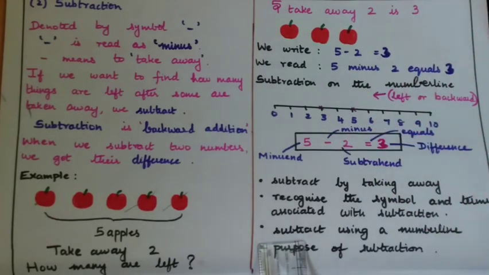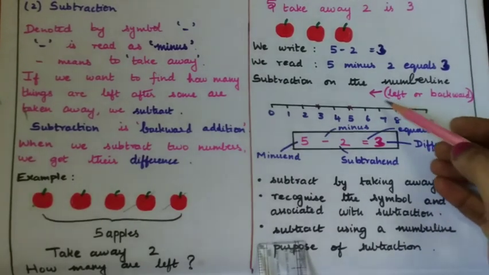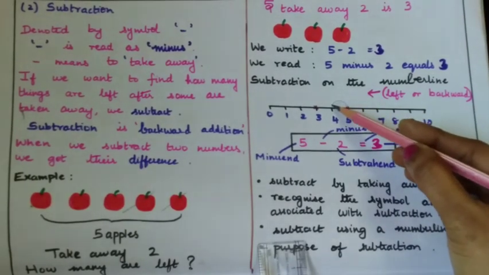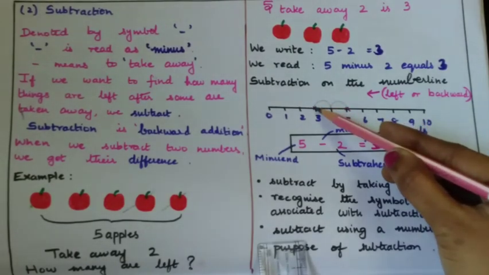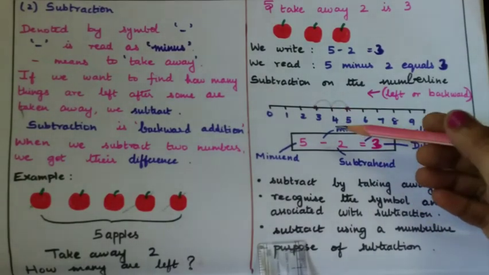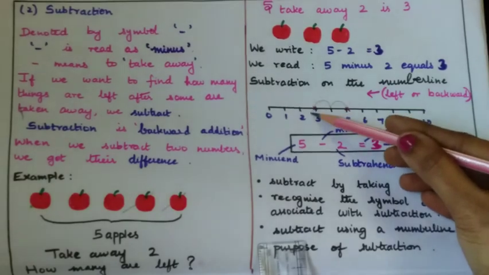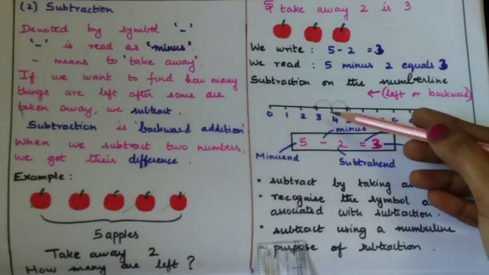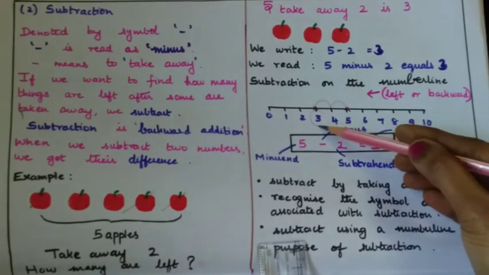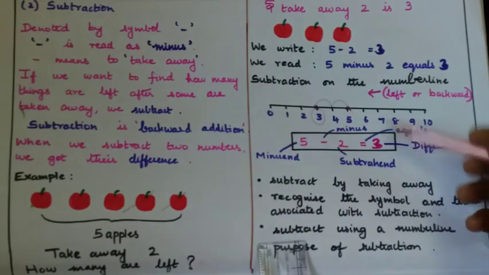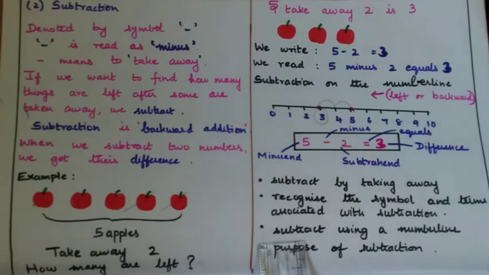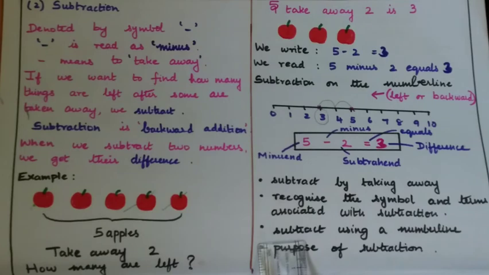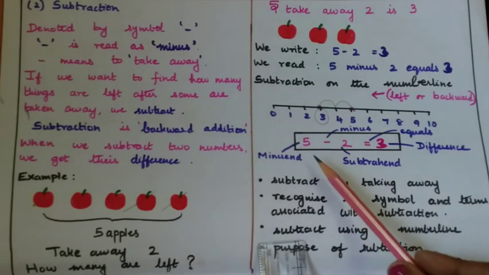So when you start from 5, you need to move backward twice since 2 apples are being taken away from the kid. So let's start from 5 and move twice backwards. So I'm starting from 5, moving to 4 and then I'm landing on 3. So 3 is going to be the difference obtained by subtracting 2 from 5.